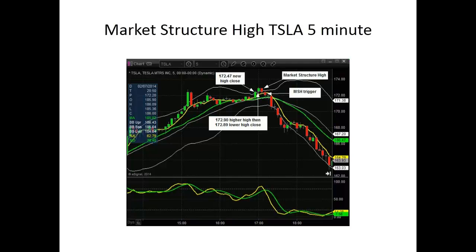Now, understand something. When we add the rifle charts, which include the 15-minute simple moving averages, and the 20-period moving average, and the upper and lower Bollinger Bands, look what happens.